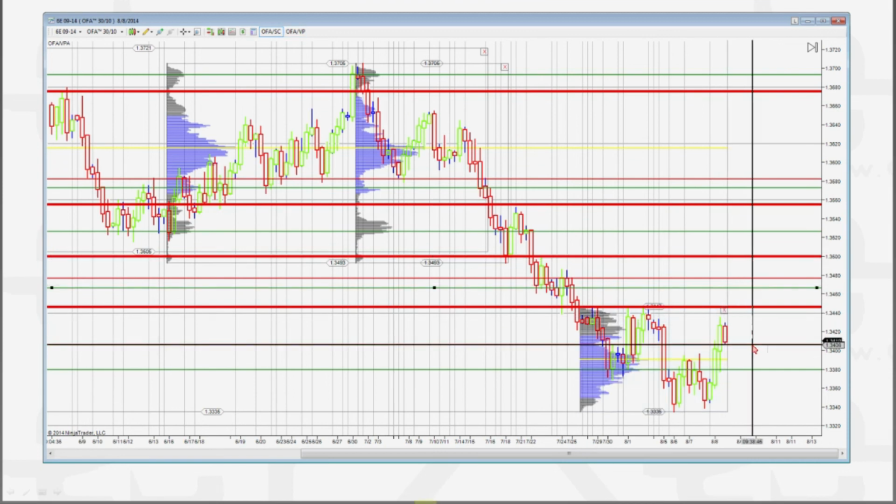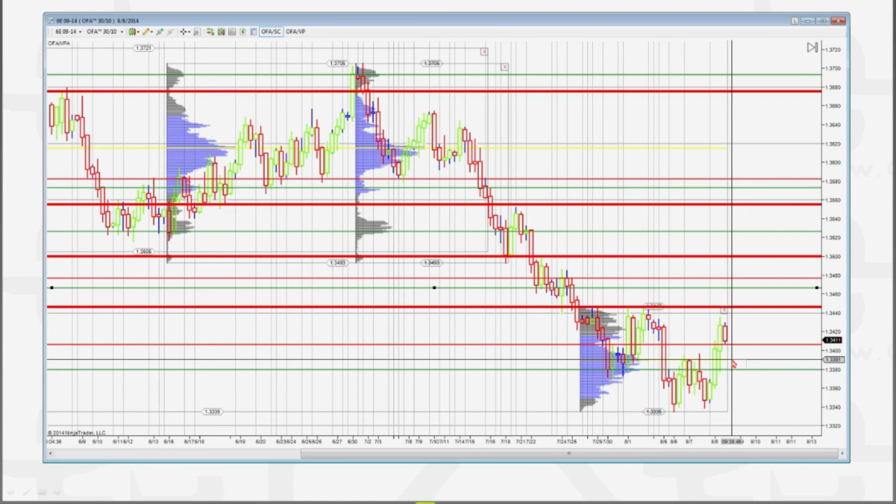I have to draw a profile here. And now as I'm looking to trade, I see my VPOC here. Hang on one second. I've got a low volume area here.